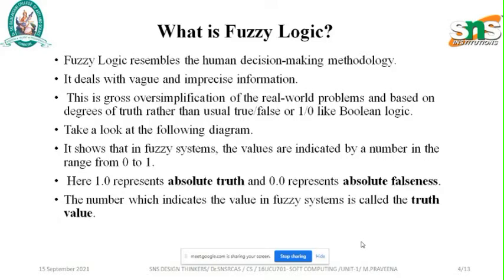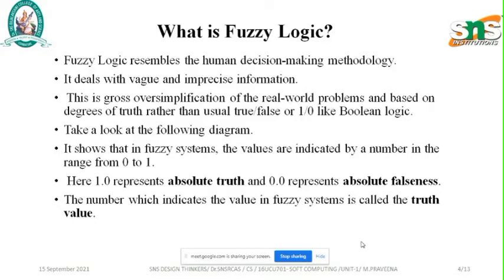Now let us see the fuzzy system. The values are indicated by numbers between 0 and 1. Here, 1 represents absolute truth.